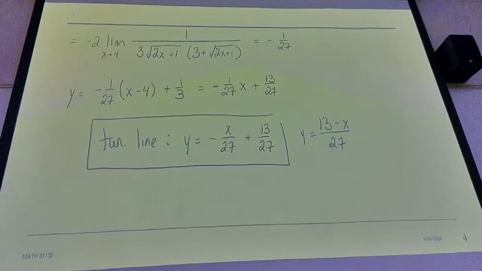Can't simplify it any further. Yeah, that's acceptable. That's not slope-intercept form, but it's still acceptable. Right?